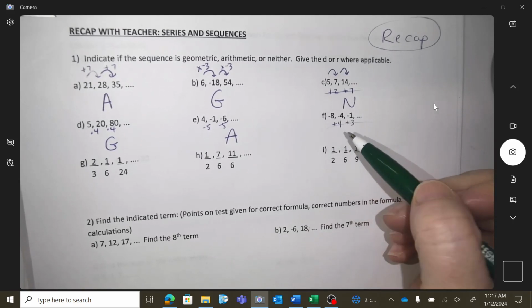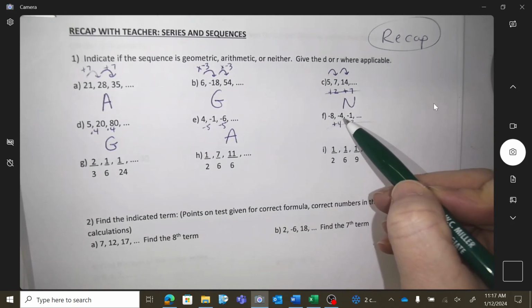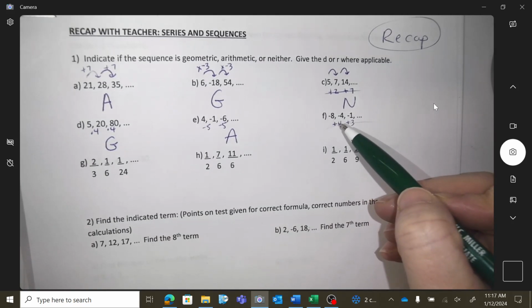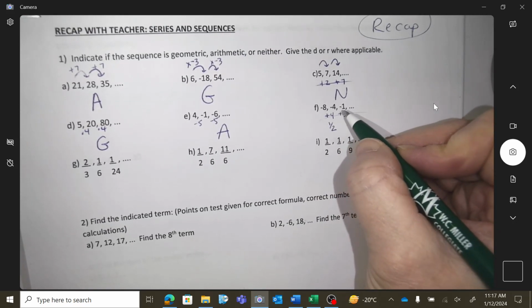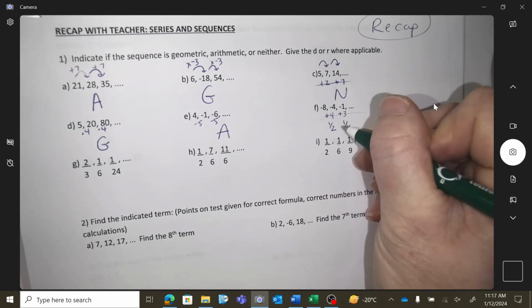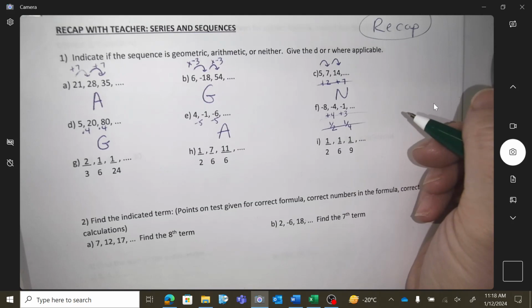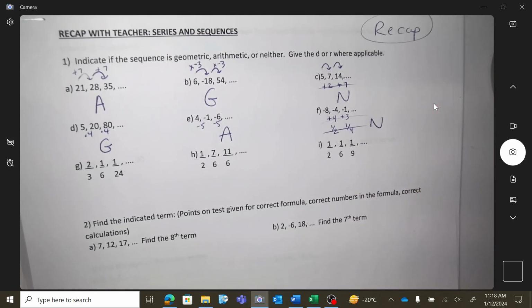What's the timeser if I try to timeser? Anybody know what the timeser is from 8 to 4? A half? Does anybody know the timeser if you go from 4 to a 1? A quarter? So those aren't the same timesers. So it's neither.